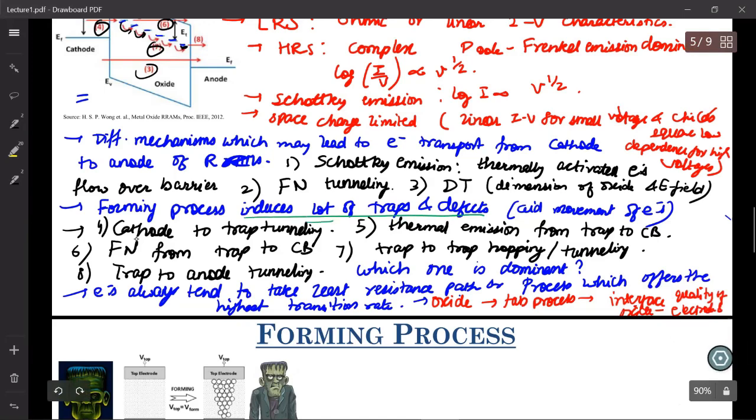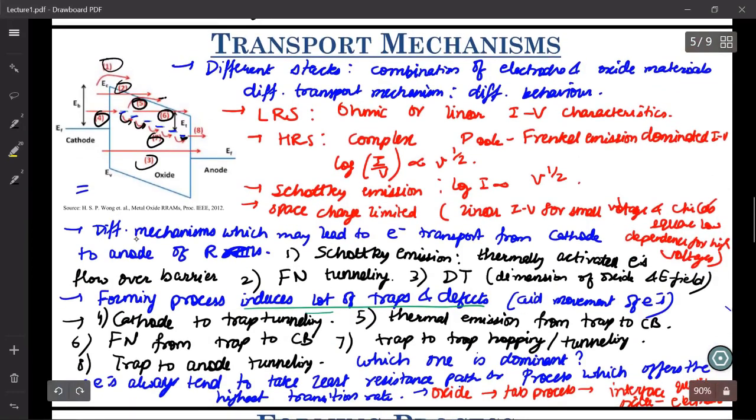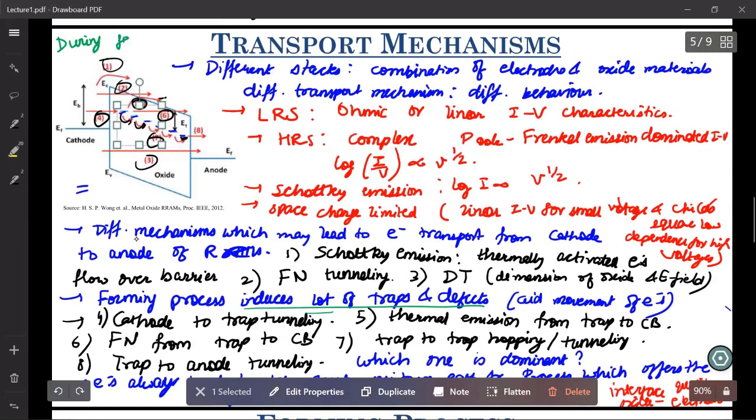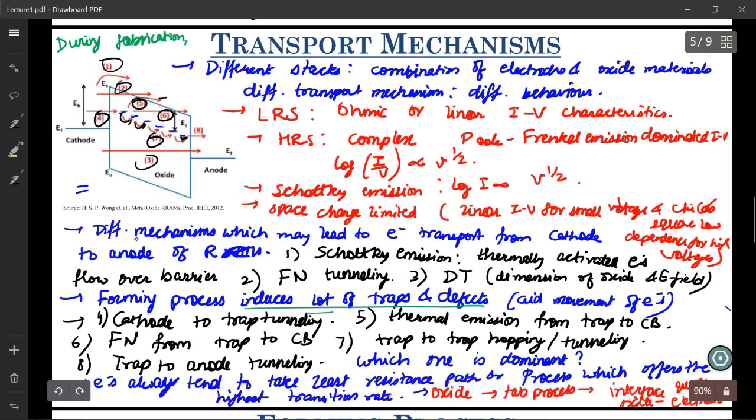Apart from that, so let me write it somewhere here. During fabrication also, if you use a limited amount of precursor, let's say you have to deposit TiO2 and you give the tool less amount of oxygen, the kind of stack that it will deposit will have less oxygen. So instead of depositing TiO2, you'll deposit something which is TiOx.